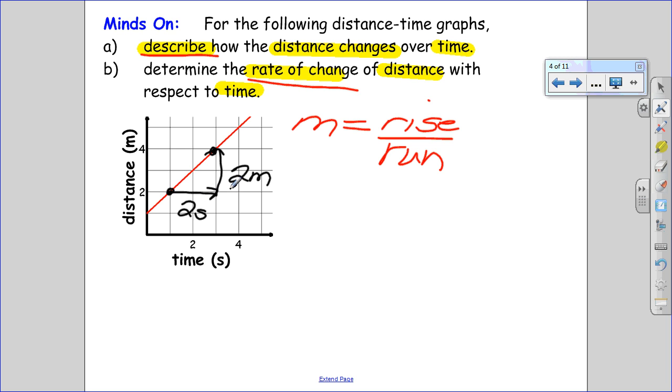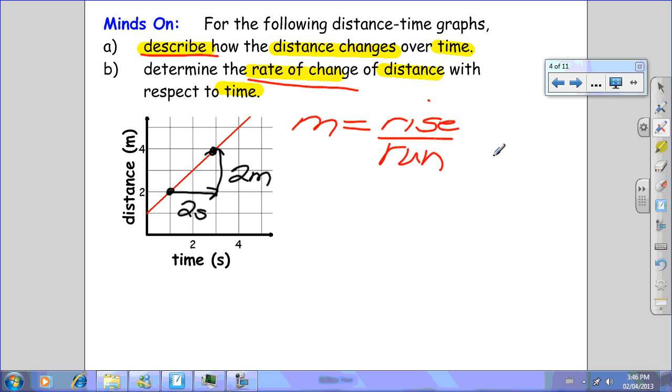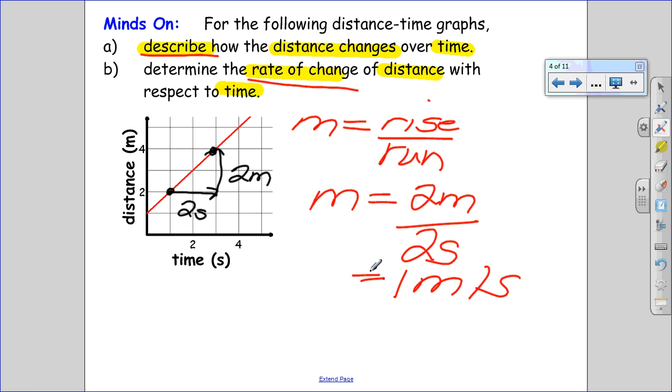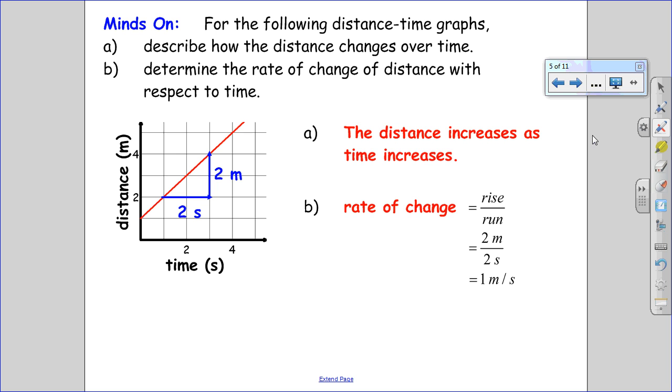Going right implies an increase, which is positive. Going up implies an increase, which is also positive. So my rate of change, rise over run, is 2 meters over 2 seconds, which reduces to 1 meter per second. And again, that's written really neatly here for you.